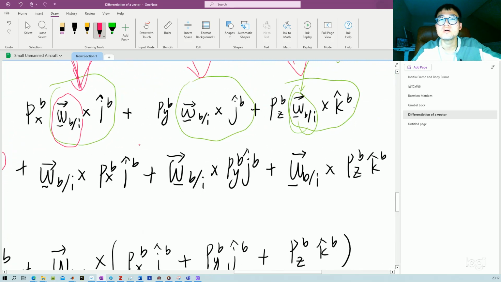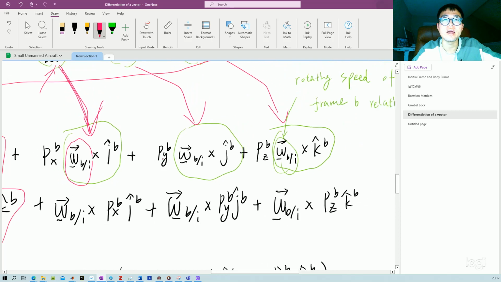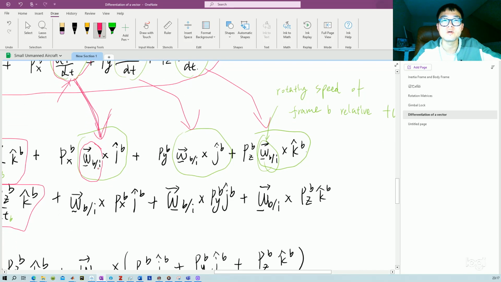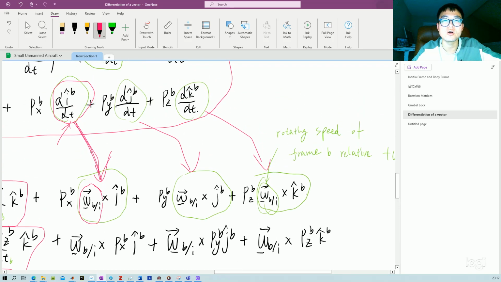Where when we talk about this part, it is the effect of rotating, because the body frame is rotating against the inertia frame, and we proved that this derivative of the unit direction B against the inertia frame is equal to this velocity vector cross product with the unit vector. And then you have the magnitude here.